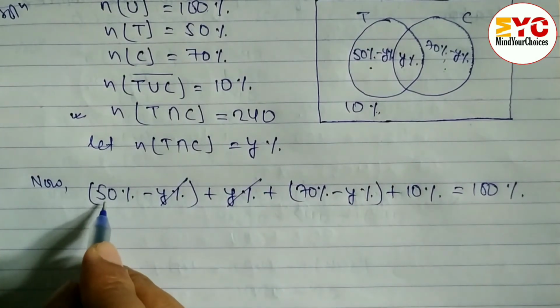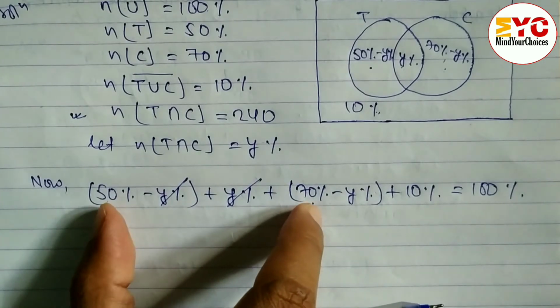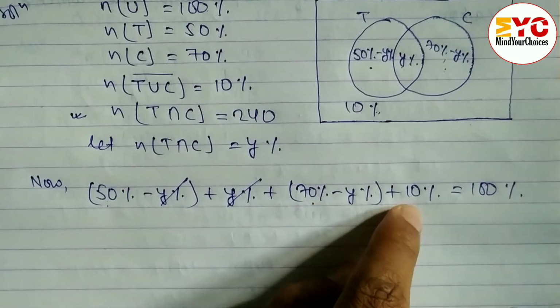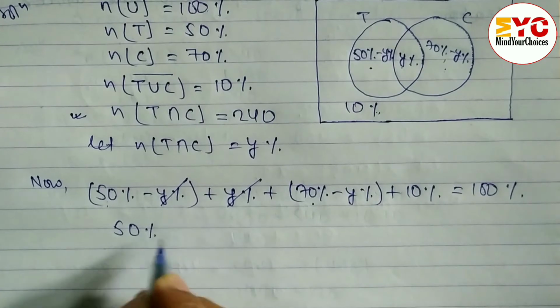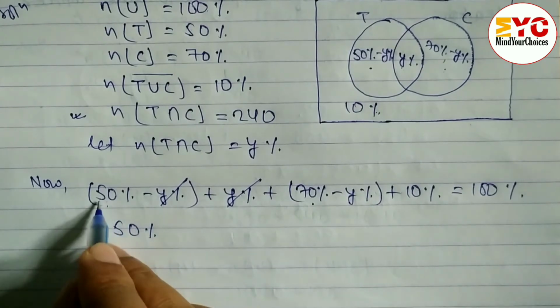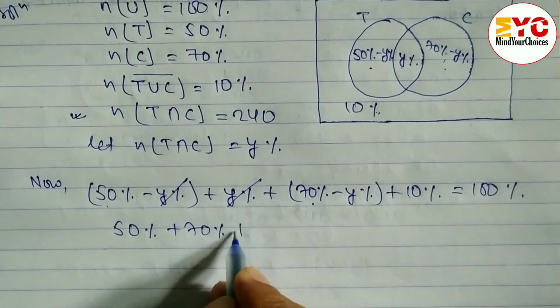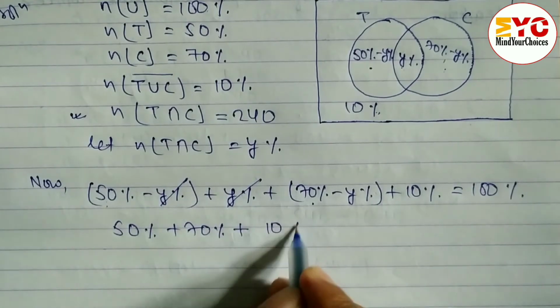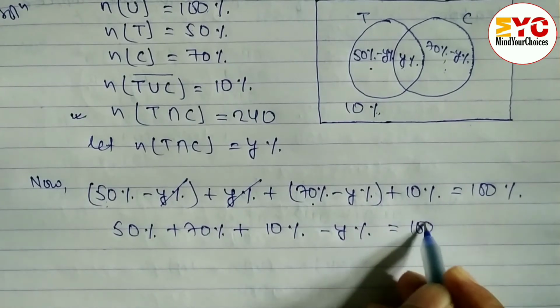What is remaining? 50% plus 70%, both in the form of addition. Or better, write one more step: 50% plus 70% plus 10% minus y percent is equal to 100%.